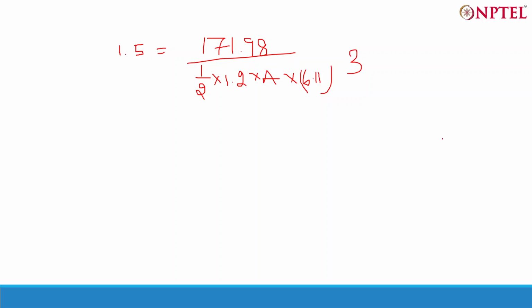So A comes out to be 171.9 divided by 1.5 divided by 6.11 cubed, which is around 8.37 meter square.